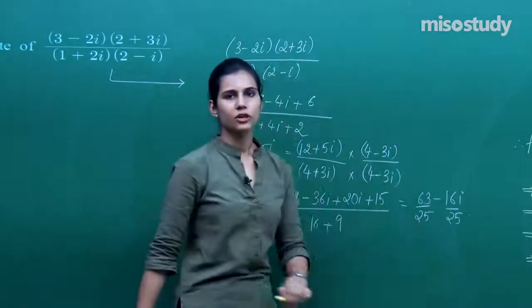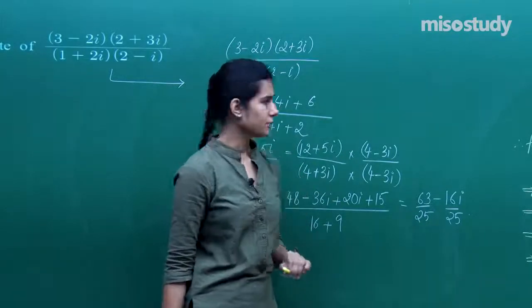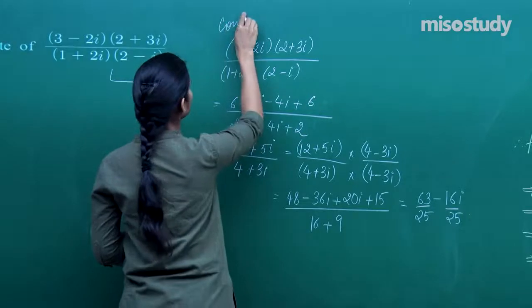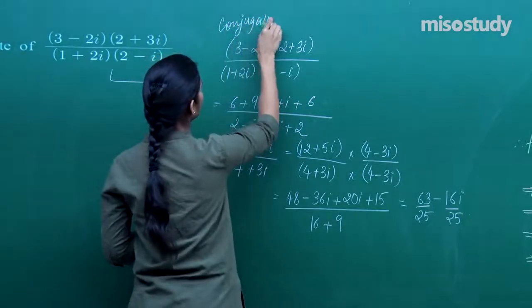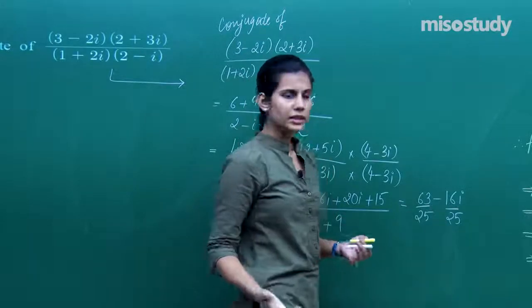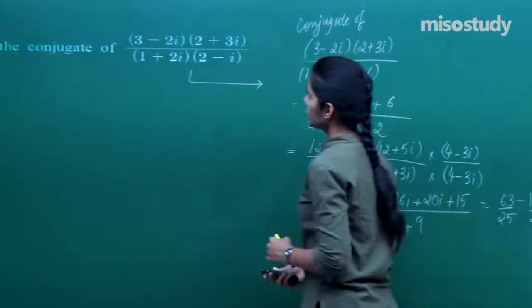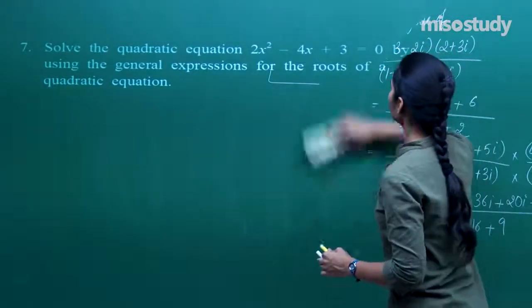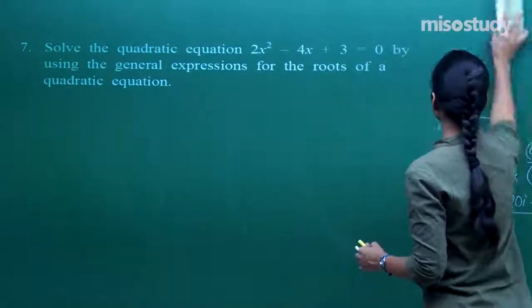And this is the required conjugate of your given complex number. Conjugate of this complex number is equal to this complex number. Clear? Easy enough?